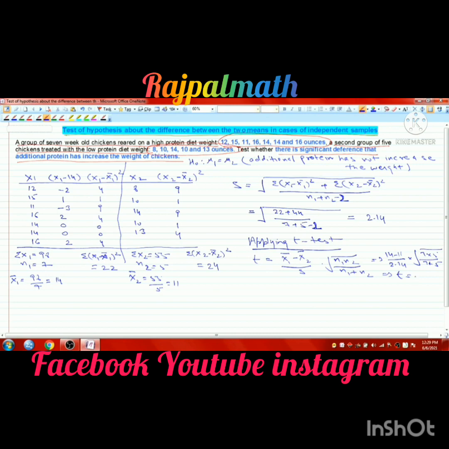So this is our calculated value for the t-test, 2.394.